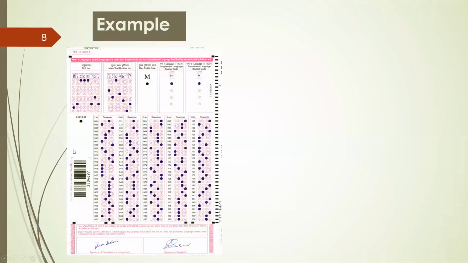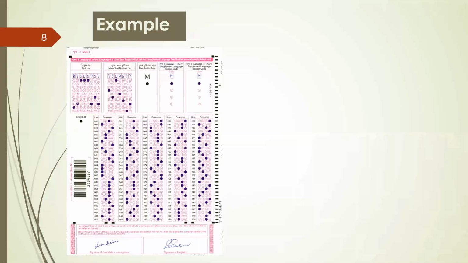This is the OMR sheet. In interviews and all, people used to fill this OMR sheet. Those are the participants, those who are appearing for the exam. So you write your roll number. I'll show you, you see, 8700000757.